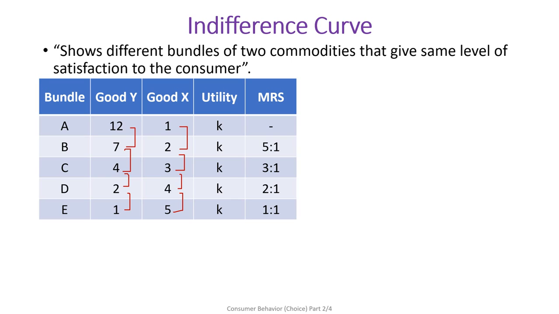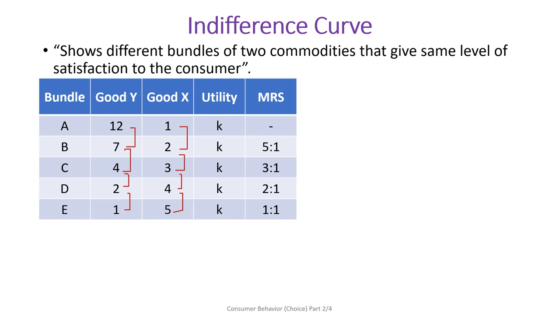Then on bundle C and B. On bundle B, we have X relatively in larger quantity, so its importance will decrease a little. Therefore, in bundle C, to have one more unit of X, we will not be ready to sacrifice as much quantity of Y as we were previously.